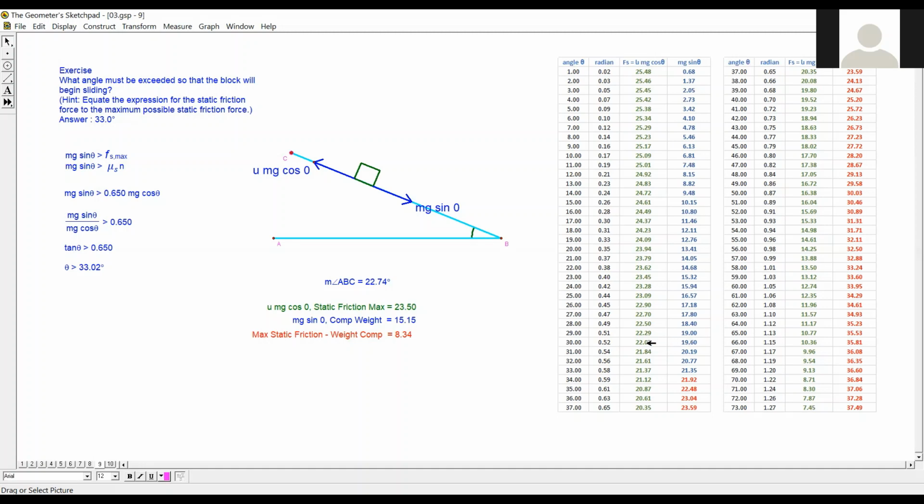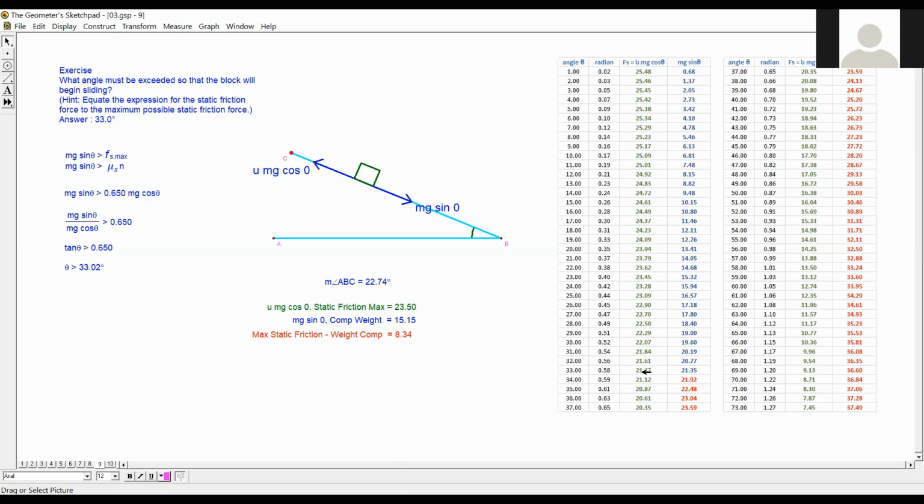So the weight is still less than the maximum frictional force, so it will not slide down the plane. So I increase to 31, 32. At 32 degrees, the frictional force is 21.61 and the component of the weight is 20.77. Still less than the maximum friction, so it will not slide down the inclined plane.